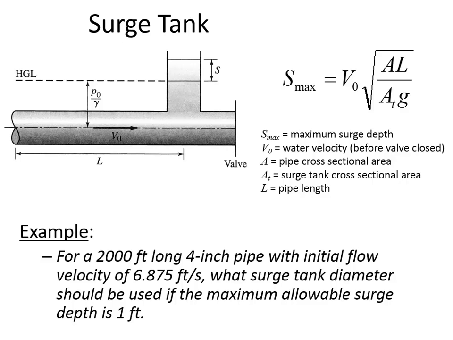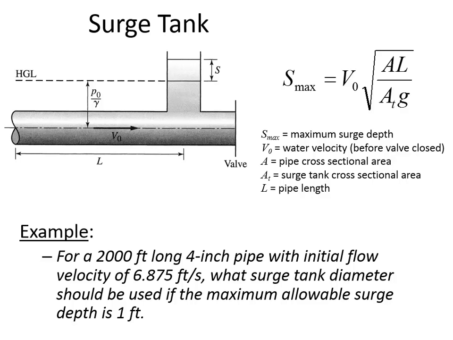And then the maximum depth we want to see in the surge tank is 1 foot. And we know that the initial velocity was 6.875 feet per second, and that's squared, and G is 32.2 feet per second squared. Then the cross-sectional area of the tank should be 256.2 square feet.